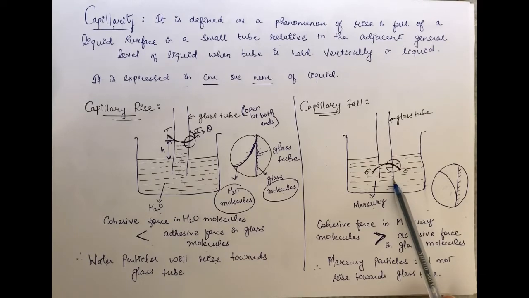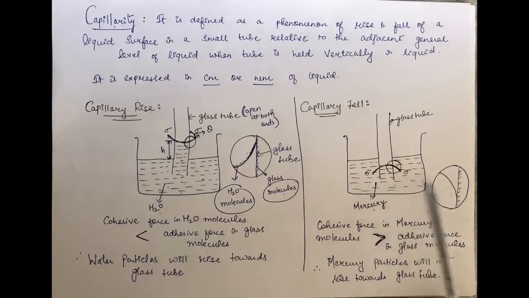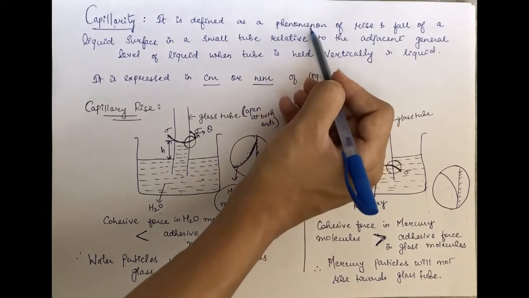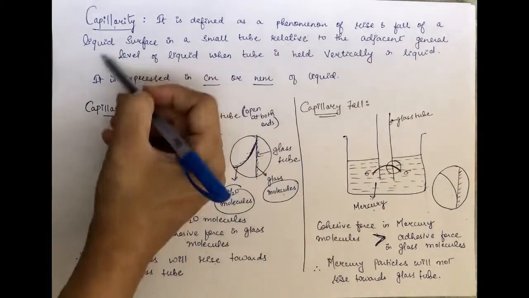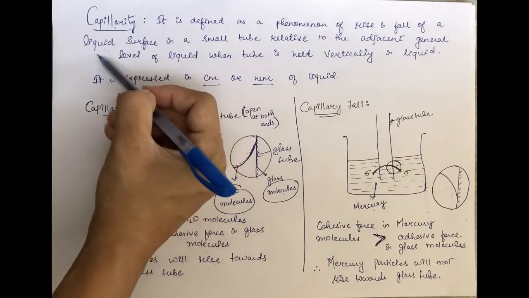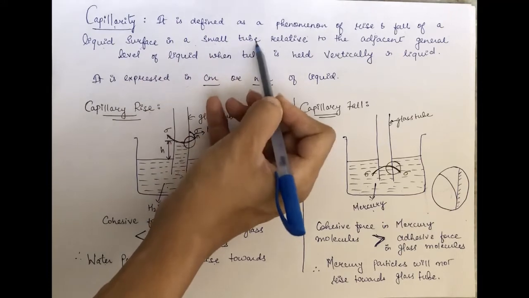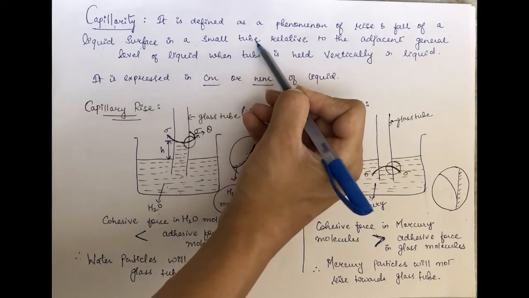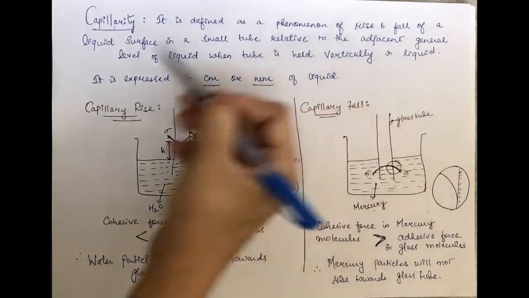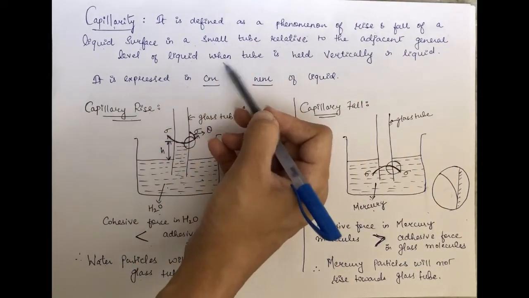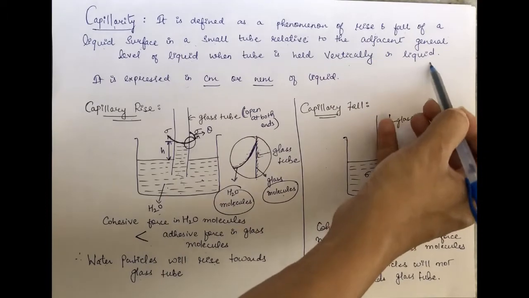Okay, so now let's read the definition of what capillarity is. It is defined as a phenomenon of rise and fall of a liquid surface in a small tube with reference to the adjacent general level of liquid when the tube is held vertically in liquid.